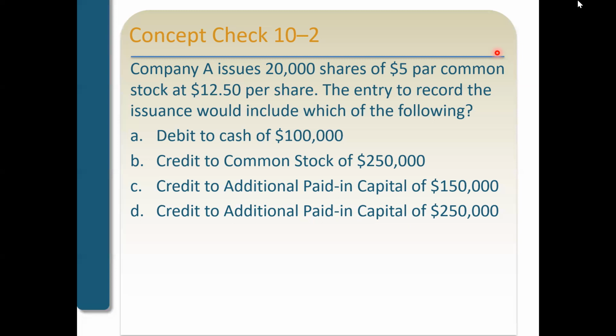B, a credit to common stock of 250,000. C, a credit to additional paid-in capital of 150,000. And D, a credit to additional paid-in capital of 250,000. I want you to think this through, and I want to see your answer in the chat. Okay?